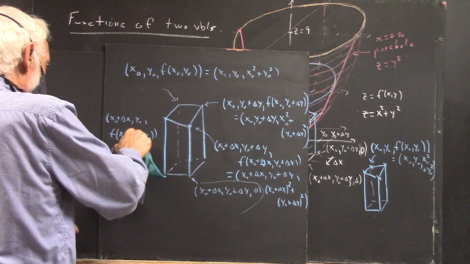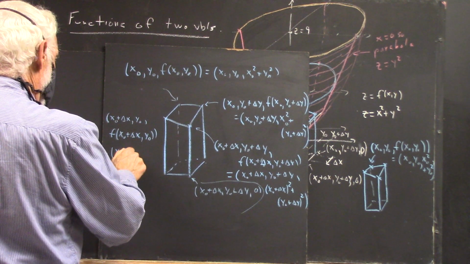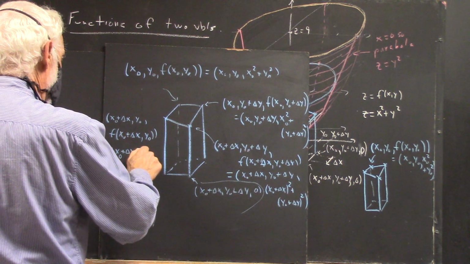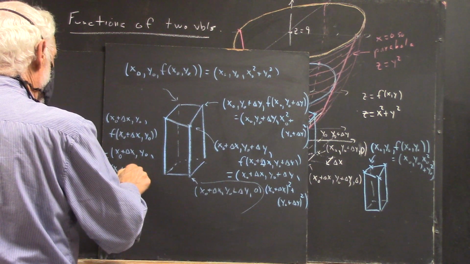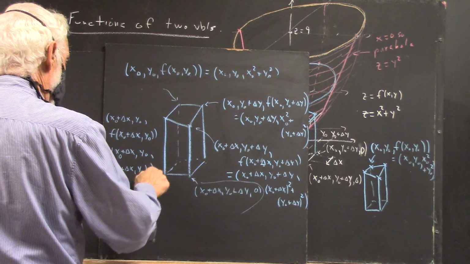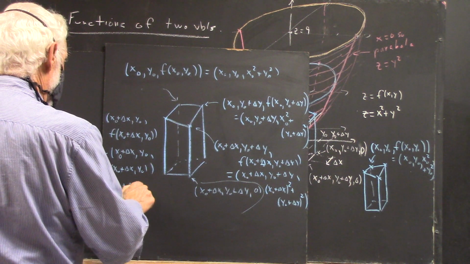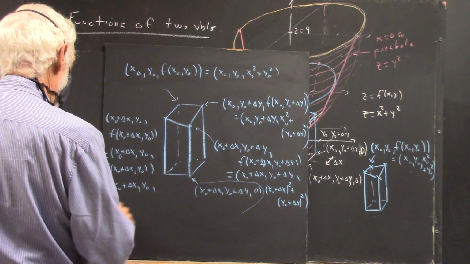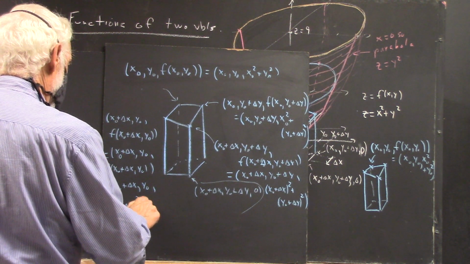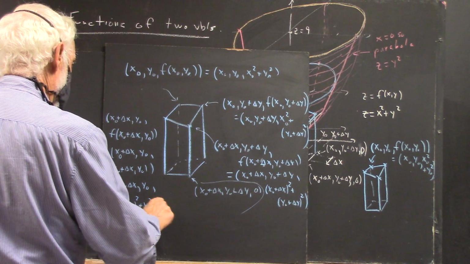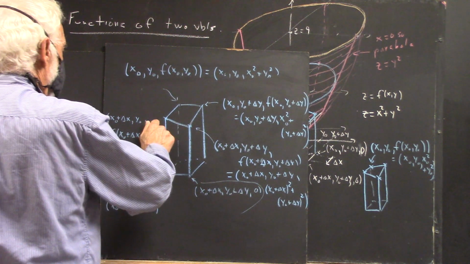Think before you write. x naught plus delta x, y naught, f of x naught plus delta x, y naught, and of course then that equals x naught plus delta x quantity squared plus y naught squared. And that's this point.